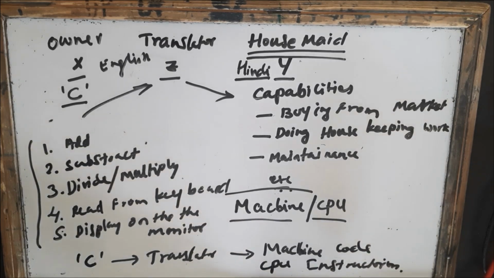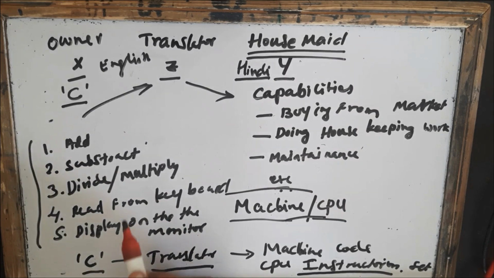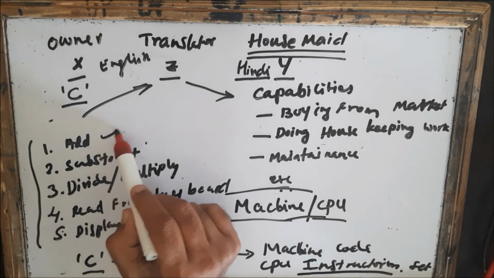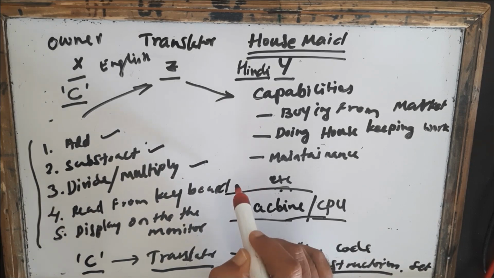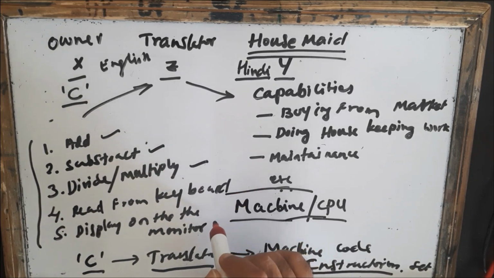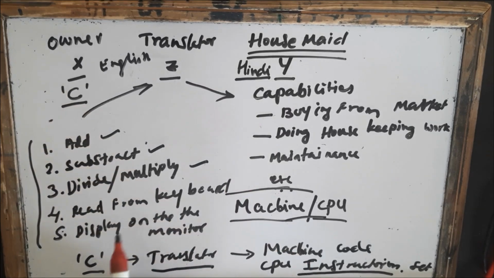So we will have an instruction set for this computer or CPU, and as per that, the translator will translate all our C instructions. So we can add, subtract, divide or multiply, or read from the keyboard, or display on the monitor, whatever you want.